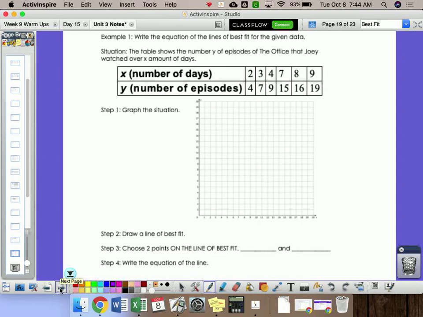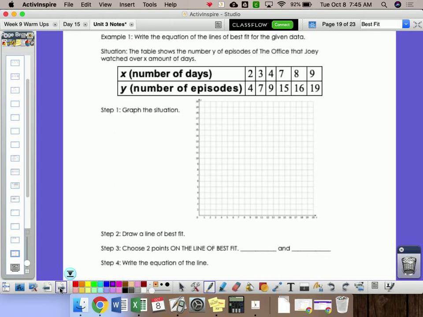Okay, so we are going to find a line of best fit of a set of data, and we're going to make an equation for it. So let's look at this first example. It says, write an equation of the line of best fit of the data given. We have x representing number of days, and y representing number of episodes.